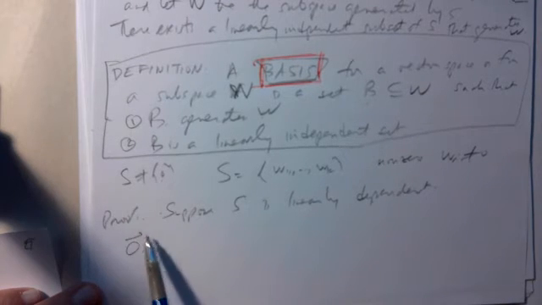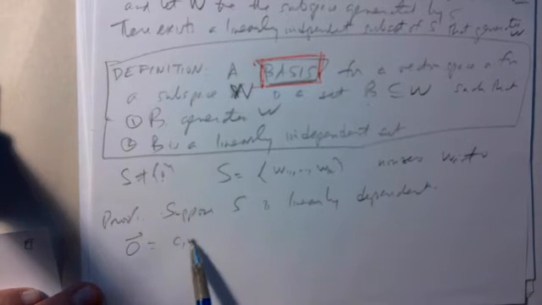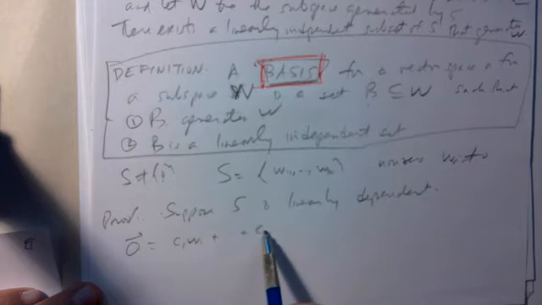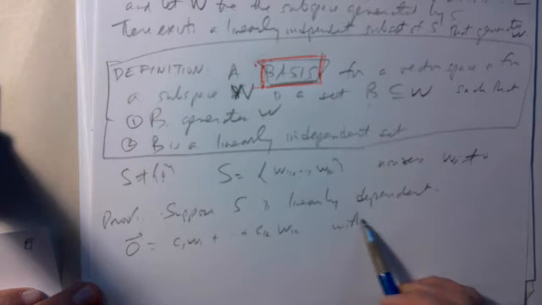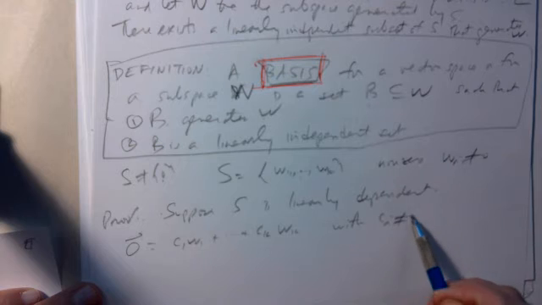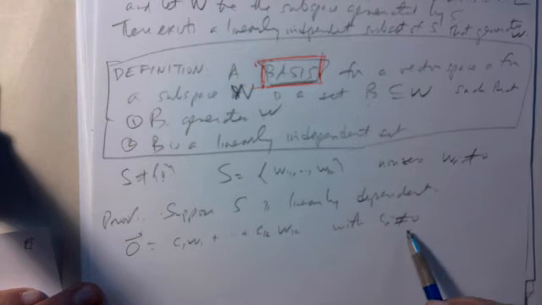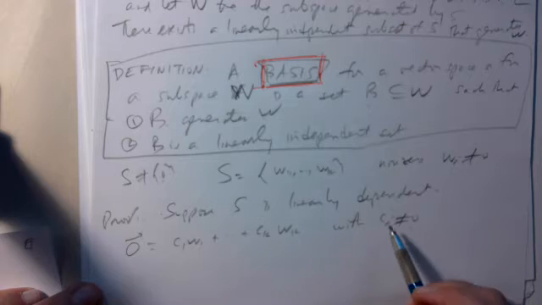That means you can write the zero vector as some linear combination of your vectors with at least one of the scalars non-zero.